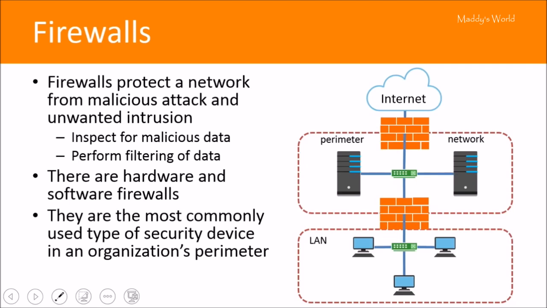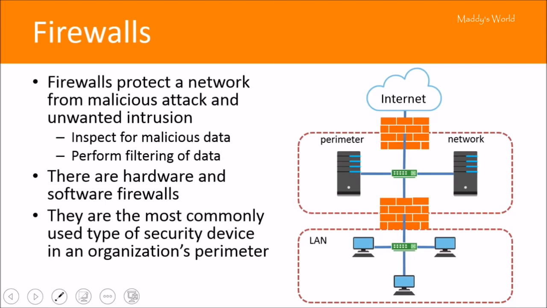They inspect communications for malicious data, and they also perform filtering of data in order to make sure that if they do find something that's malicious, it doesn't get into your perimeter network and even into your local area network, right? Whether it's an extranet, an intranet, or just a plain old simple LAN.